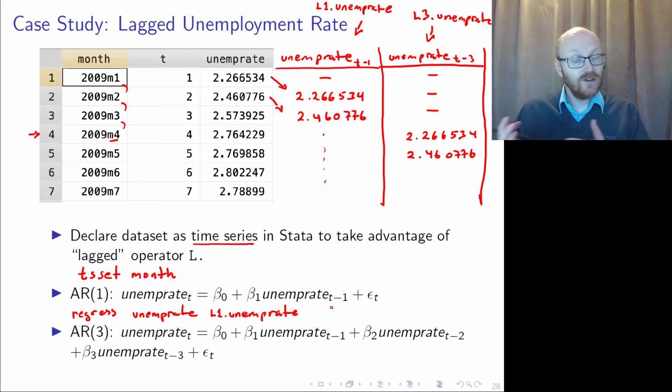And now you have the autoregressive model, and you get some coefficients. Okay, some results. Super easy.